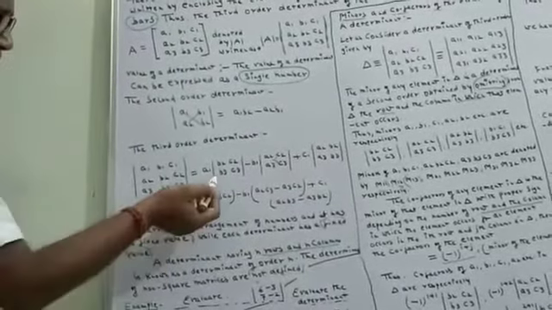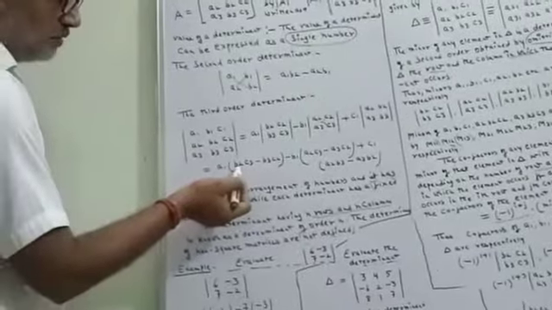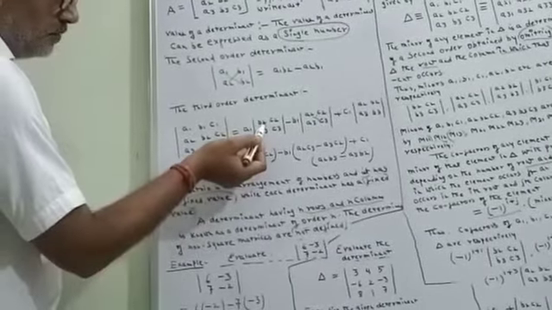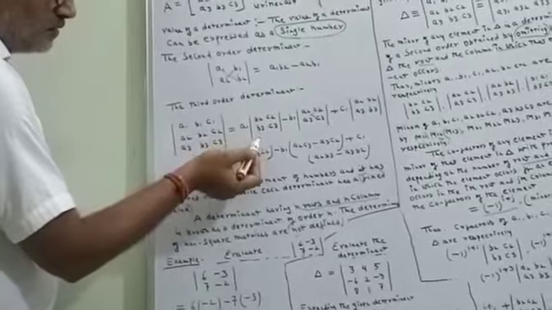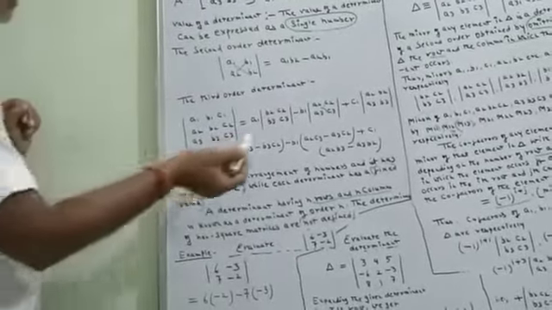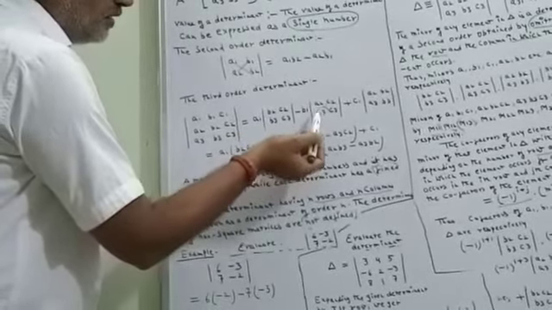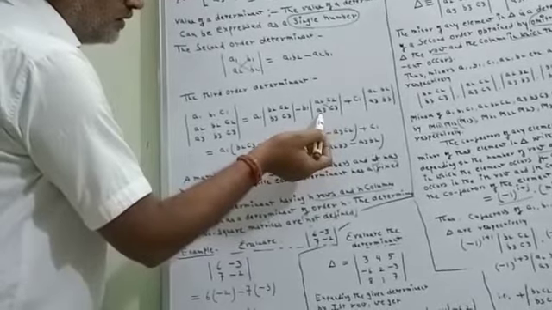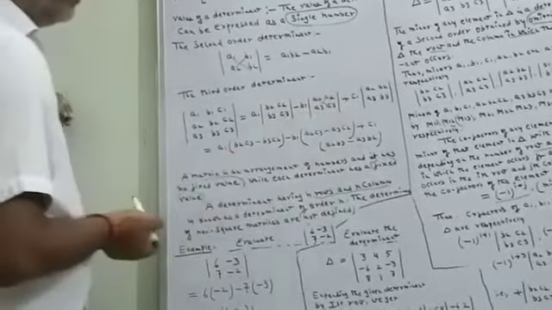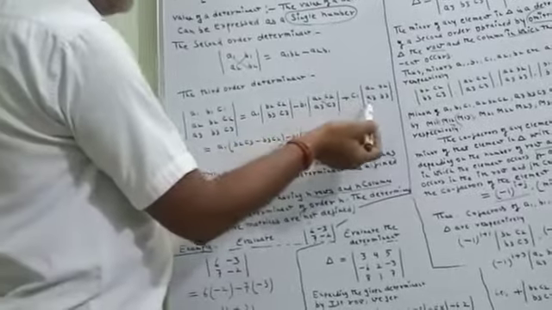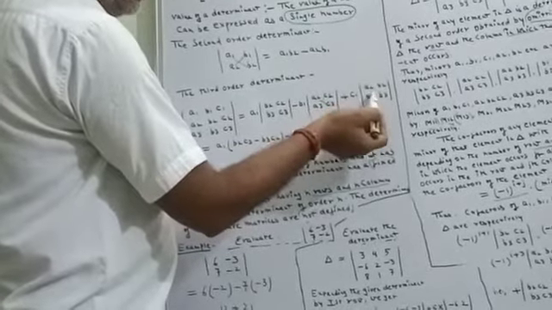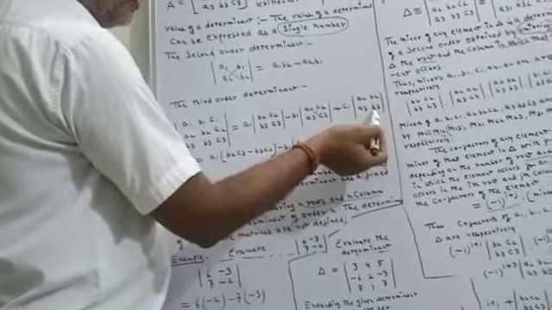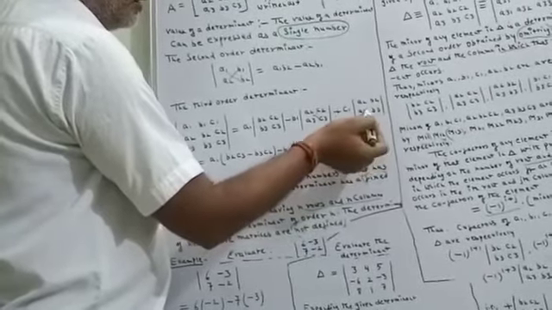And after solving this one, A1 into B2 into C3 minus B3 into C2, minus B1 into A2 into C3 minus A3 into C2, plus C1 into A2 into B3 minus A3 into B2.